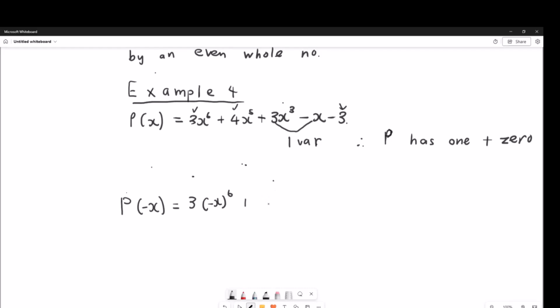We know that minus x to the 6 is x to the 6, and then we've got minus x to the 5. This is minus 4x to the 5, okay?